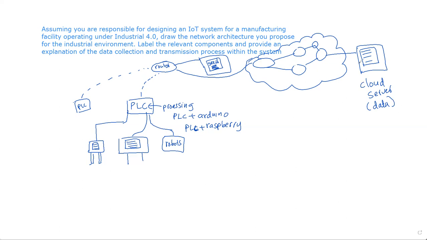If there are other facilities related to this same industry, this same company, that are connected, they will also send all their data to the cloud server, so the cloud server can process that data. So basically, this is the Industry 4.0 architecture, where the difference is that we are connecting our industrial environment to the internet, and then we are doing the processing maybe in the cloud servers.